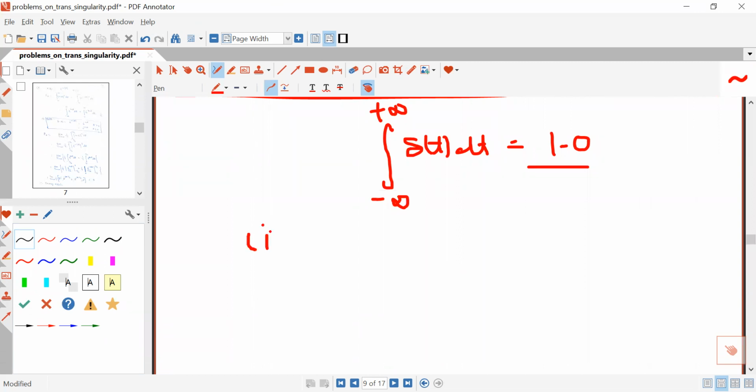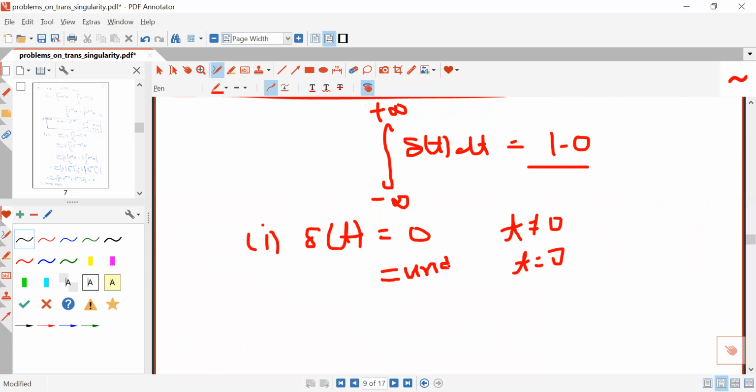So you must remember two points. First, the unit impulse signal is a signal which has zero magnitude, zero amplitude everywhere except at t equal to 0. At t equal to 0 it is not defined.